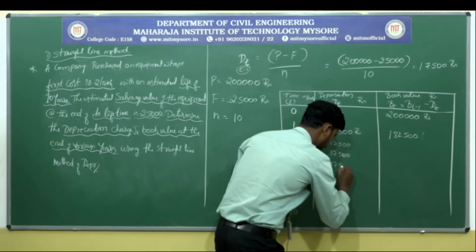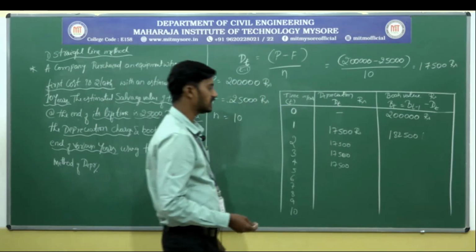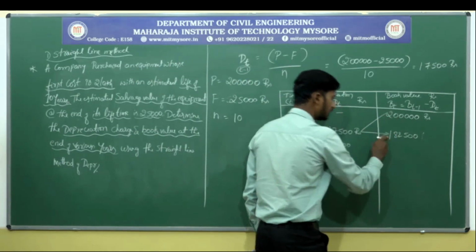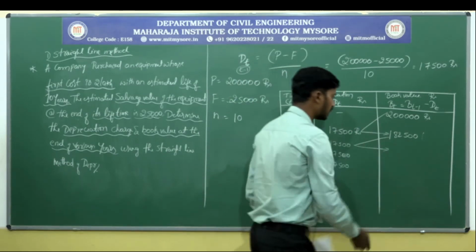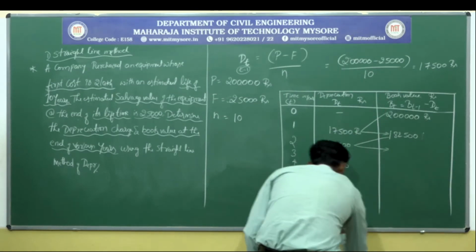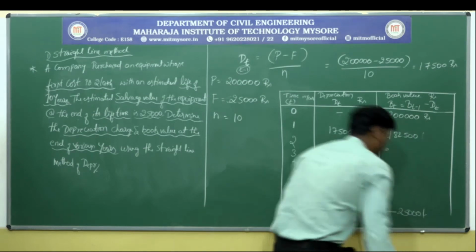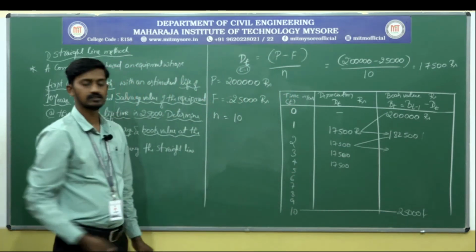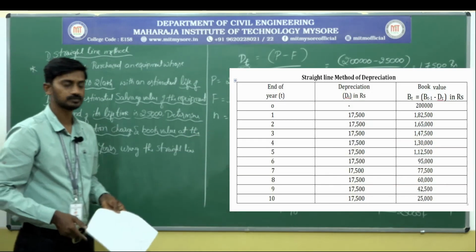That is why this method is considered a very easy method to understand depreciation. If you deduct, you will get this value; again from this, if you deduct, you will get the next value. In the same way, if you calculate everything, at the end of the 10th year you are going to get 25,000. The values are coming on the screen, just observe.